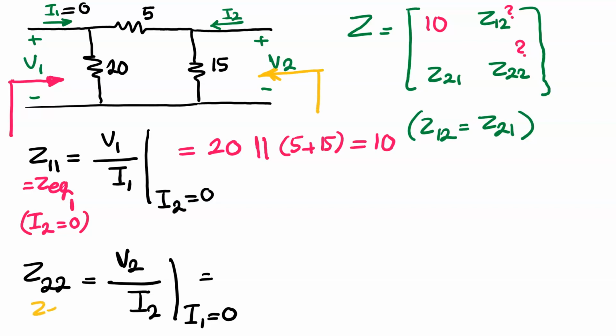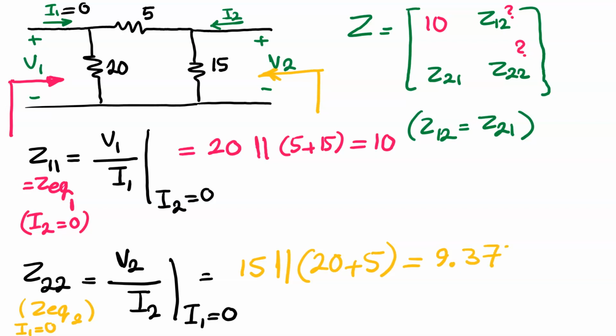So here it's Z equivalent from terminal 2 when I1 is equal to 0. So that's going to be 15 in parallel with 20 plus 5. And that's equal to 9.375. So now I can complete my Z impedance matrix by replacing Z22 by 9.375.